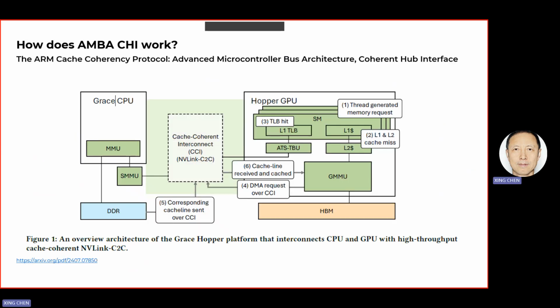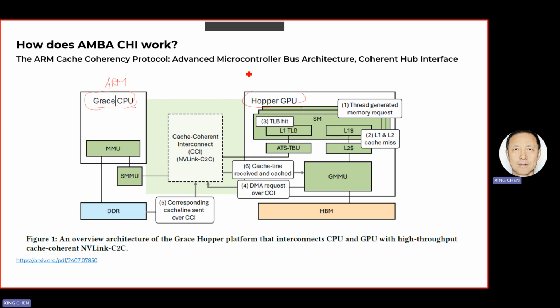This is the cache coherent protocol between the Grace CPU and the Hopper GPU. AMBA CHI, this is the protocol. This cache coherent protocol comes from ARM, which is reasonable because this Grace CPU is an ARM CPU, and Nvidia has licensed this ARM technology from ARM.